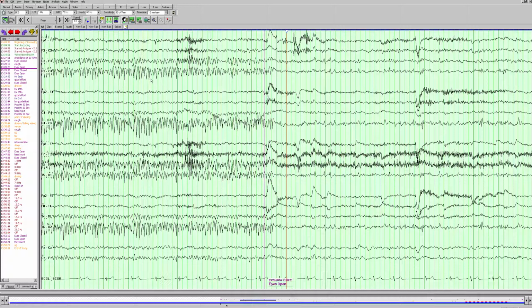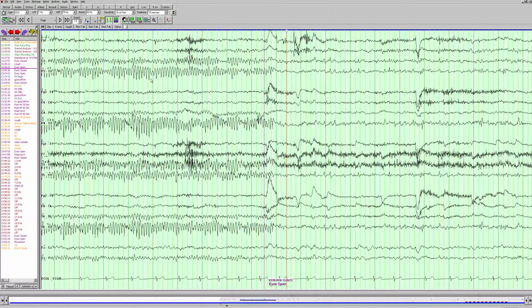Anything over 8.5 to 12, 13 hertz is considered normal. If it's 8 hertz, that's not normal. Some people refer to the posterior dominant rhythm as the alpha rhythm, which really technically isn't correct.